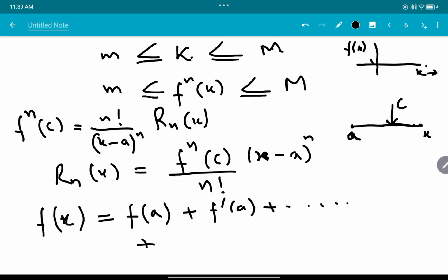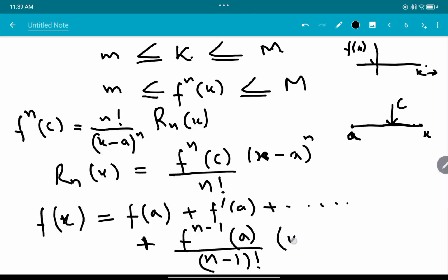After writing some terms, say I write n minus 1 terms, the last term that I write is f^(n-1)(a) divided by (n minus 1) factorial into (x minus a) raised to n minus 1, plus whatever is left after this term, which is clubbed under this. We can write that as f^n(c)(x minus a)^n divided by n factorial.